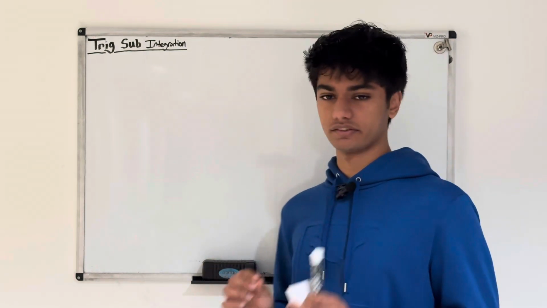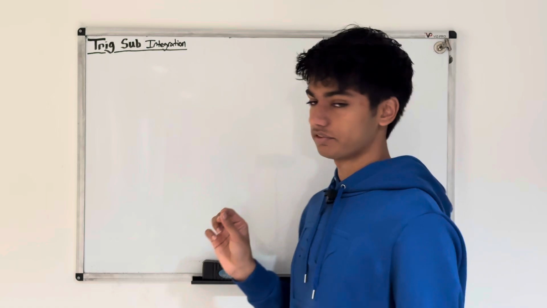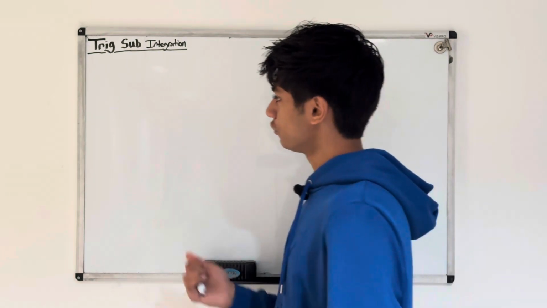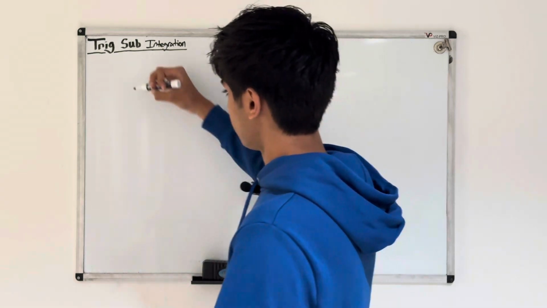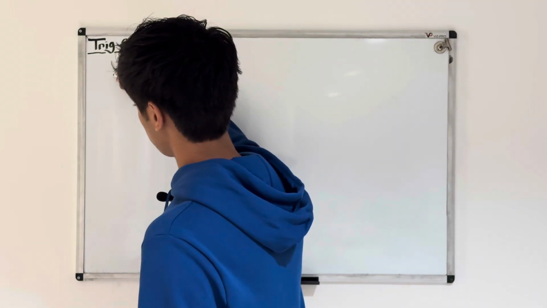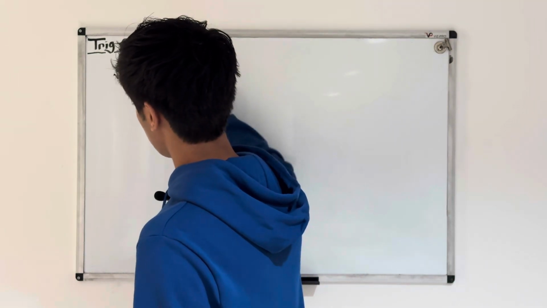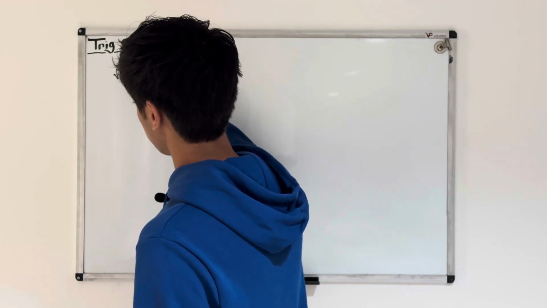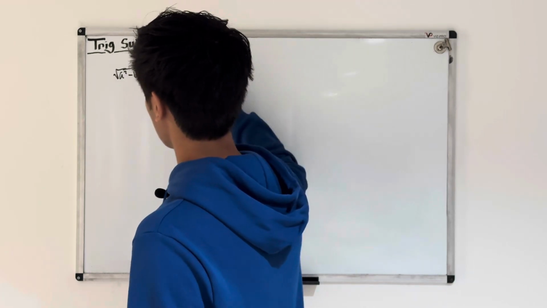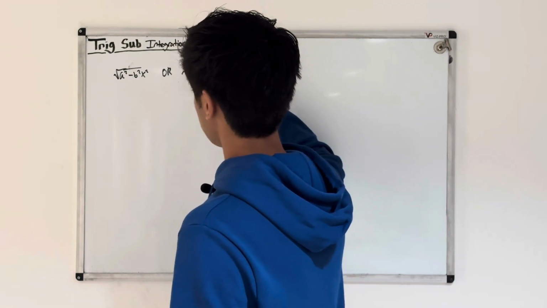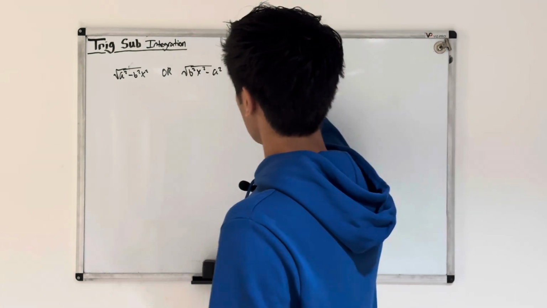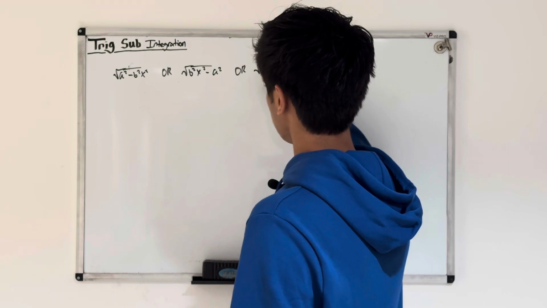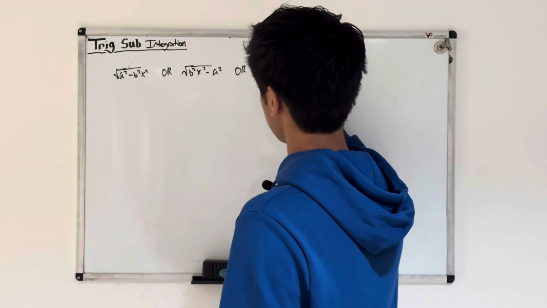So the purpose of trig substitution integration is obviously to solve an integral, and we use it when we have a piece in our integrand that's in the form of either the square root of a squared minus b squared x squared, or b squared x squared minus a squared, or b squared x squared plus a squared.